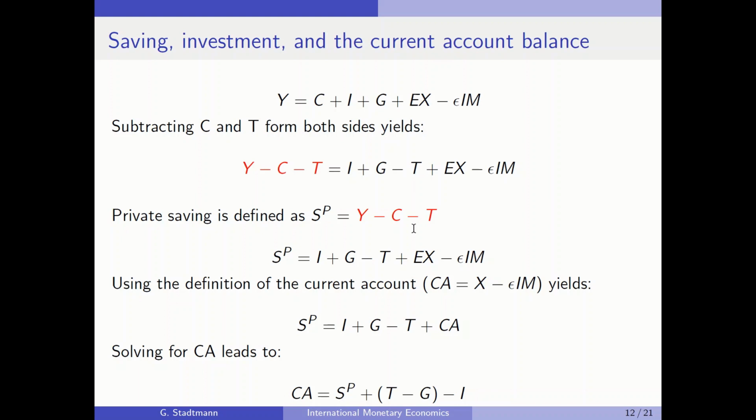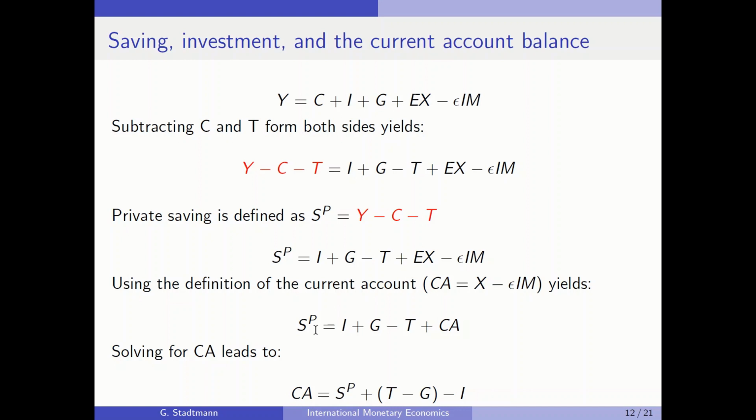Private saving is equal to investment plus government spending minus the taxes plus the current account balance. Now we want to solve this relationship for the current account balance. We want to isolate the current account balance on one hand side of the equation. So we have to subtract I, we have to subtract G, and we have to add T. When we do that, when we put I on the other hand side of the equation, it pops up here with a negative sign.